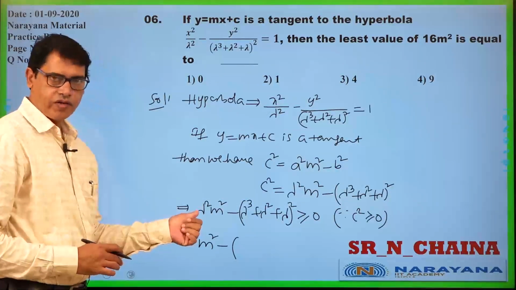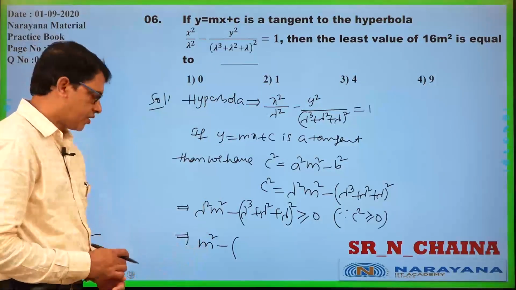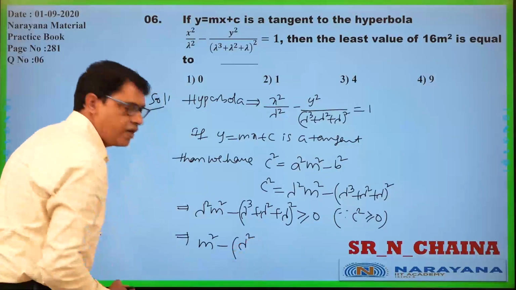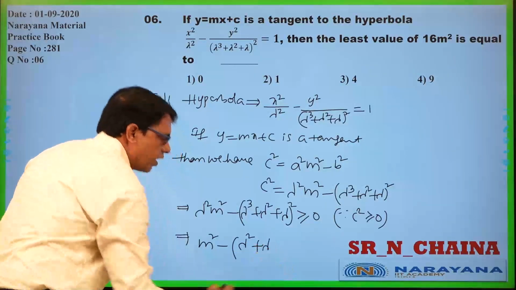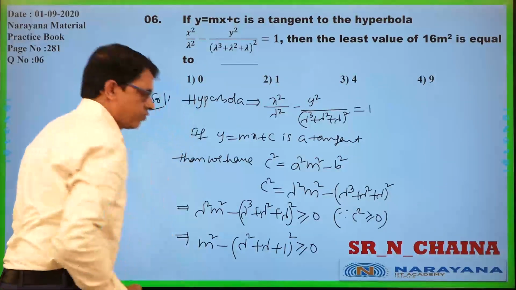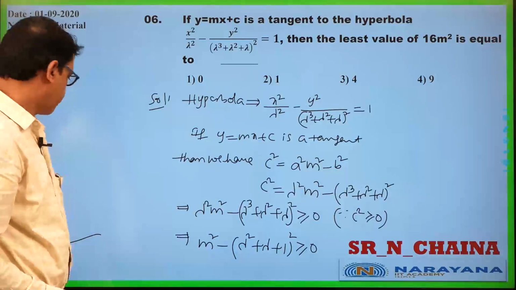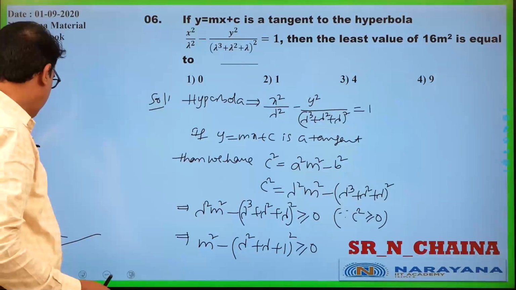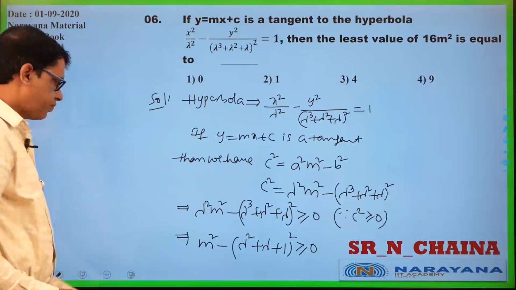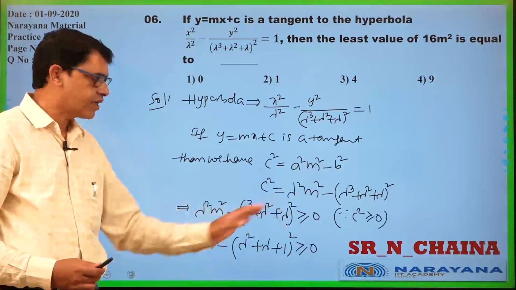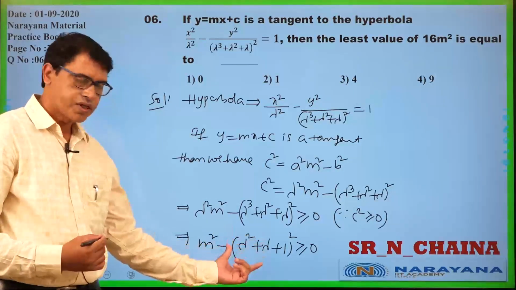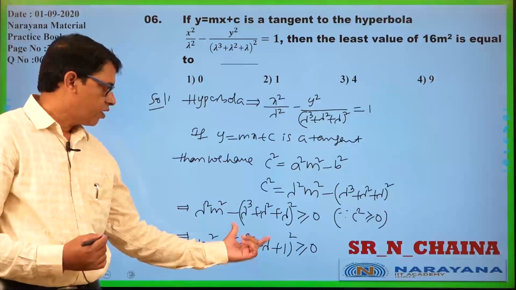Lambda square is a positive value, I can divide by lambda square both sides. So therefore m square minus lambda square plus lambda plus 1 whole square greater than or equal to 0. Now if you go to the next step, take the other side: m square is greater than or equal to lambda square plus lambda plus 1 whole square.